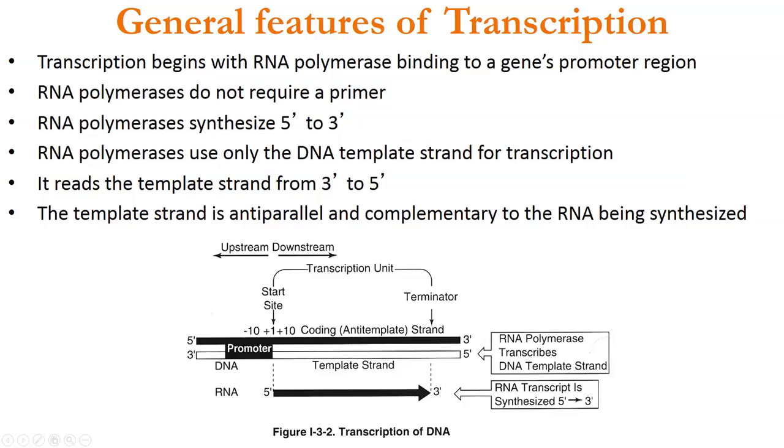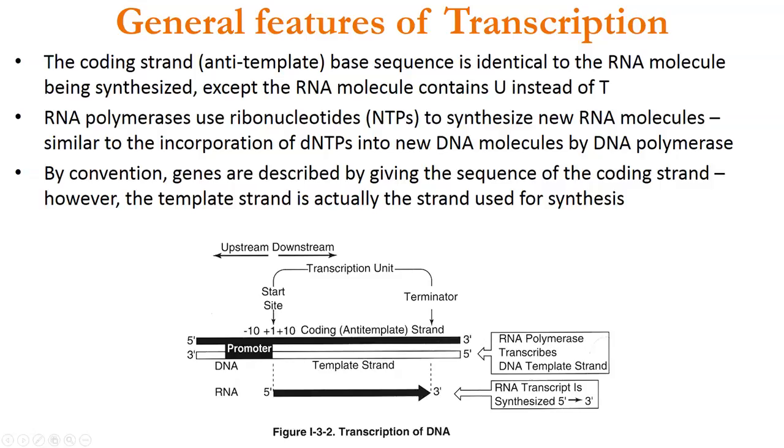So it's going to read the template from 3' to 5', so this white bar right here, and it's going to synthesize 5' to 3', just like what happened with DNA replication. And the template strand, just like with DNA, is anti-parallel and complementary to the RNA being synthesized.